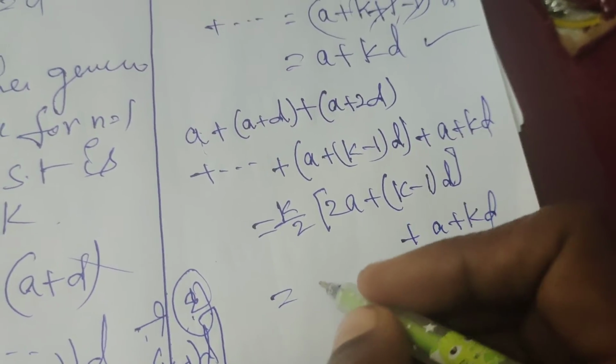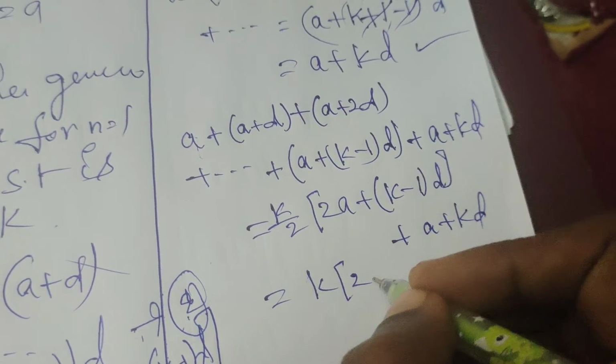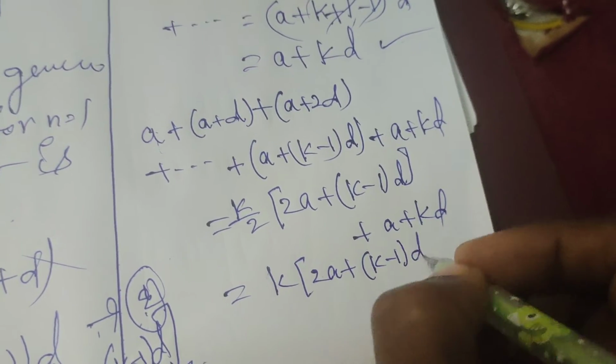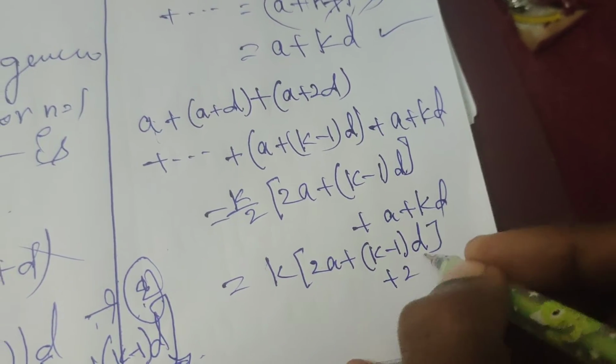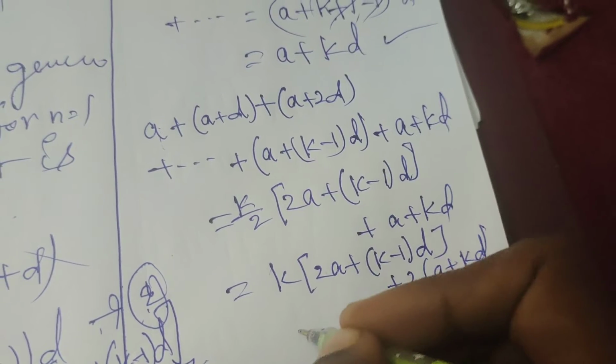Now, taking the LCM, we get k into 2a plus k minus 1 into d, plus 2 into a plus kd, all by 2.